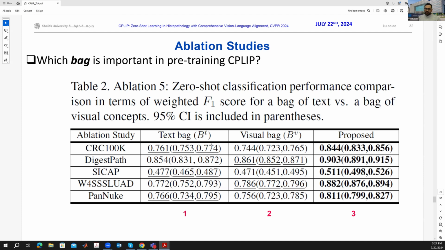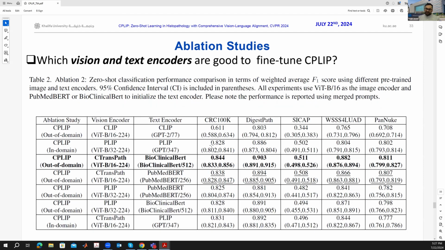Fine. So here is the ablation study using different vision encoders and textual encoders, because some of the encoders are in domain, such as PLIP, the GPT, and the vision transformer base with a batch size of 32. And here are some of our encoders which are really out of domain, such as CTransPath, which is basically an in domain histology vision encoder, while BioClinicalBERT is again an out of domain large language model here.